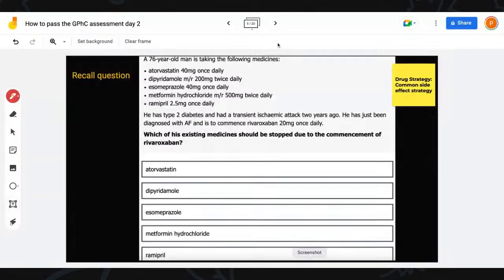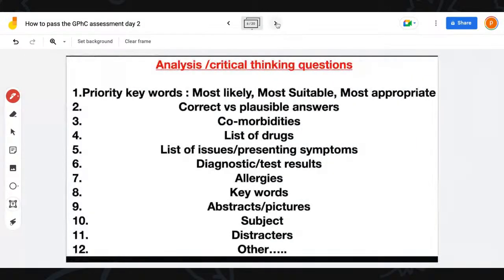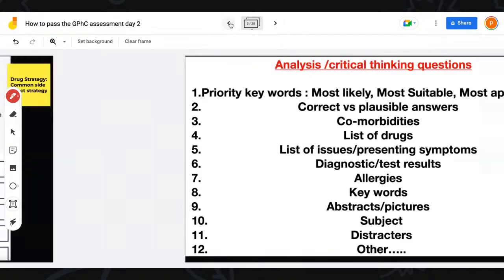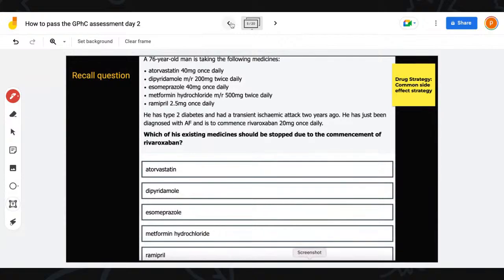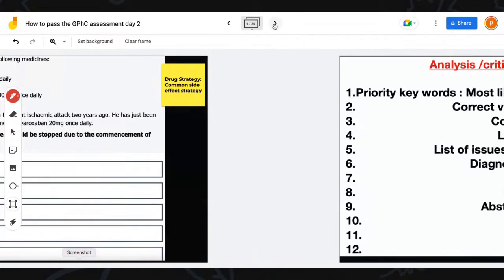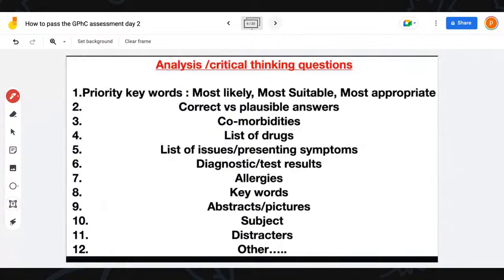Okay, so next question. Now this is the real thing. This is where people struggle. Analysis, critical thinking questions. We've done our recall questions and shown an example of them, and most of you are fine with recall questions because you just memorize stuff. Now, this is the area where so many students struggle.